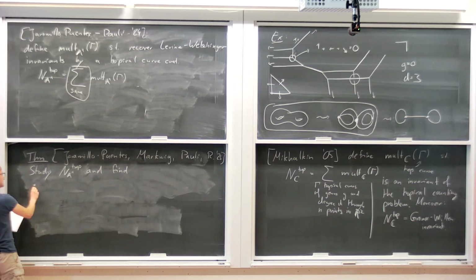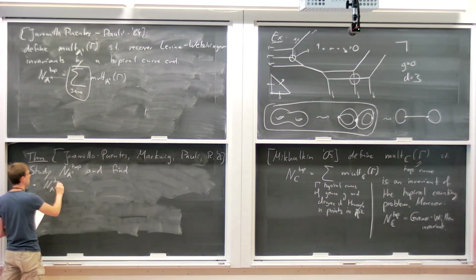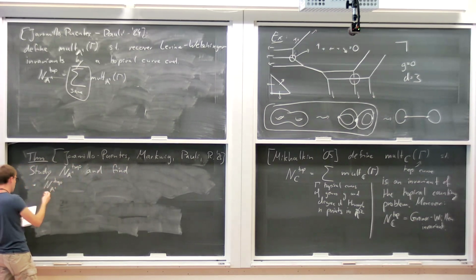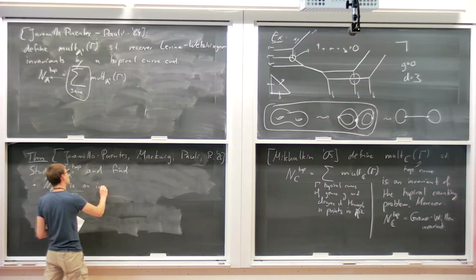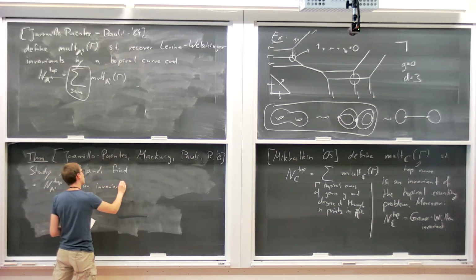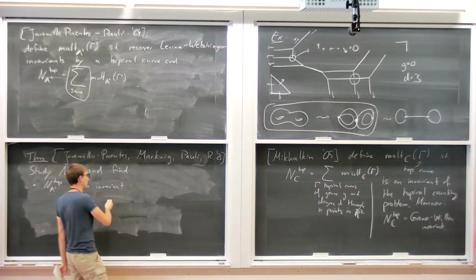Number one, we can prove by purely combinatorial methods that the quantity itself is an invariant, which was already clear from the correspondence theorem up there and the original work by Marc Levine. But this is something that you can in fact see on a purely combinatorial level as well.